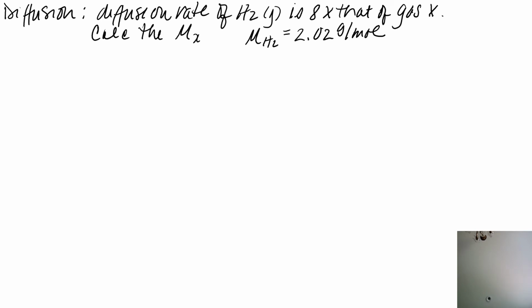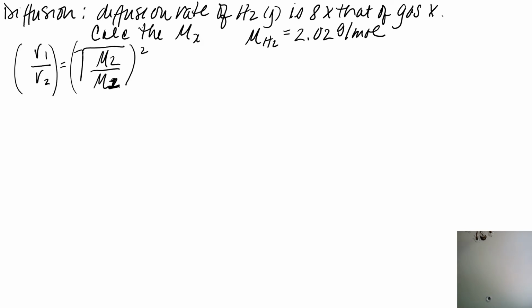And it can make our life simpler if we simplify our equation before we plug in our variables. And so we have R1 over R2, the rates, and we'll define rates for R1 and R2 momentarily. Again, equals the square root of the molar mass of gas 2 over gas 1. So if we square both sides of this equation, we can eliminate the square root.